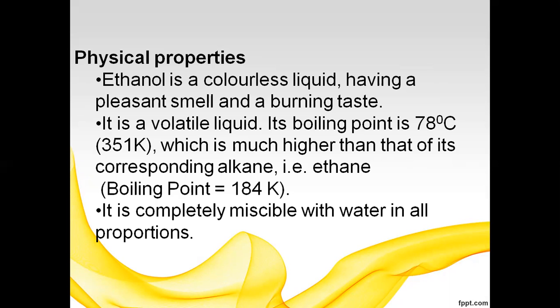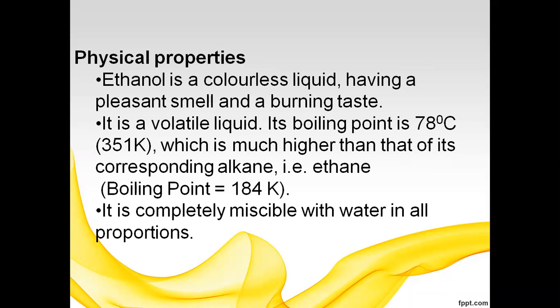So, it is a volatile liquid. The ethanol boiling point is 78 degrees Celsius, and in Kelvin it is 351 Kelvin. So it is higher than the alkane ethane, whose boiling point is 184 Kelvin.